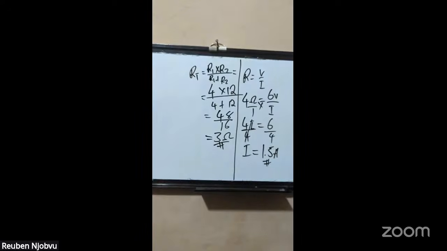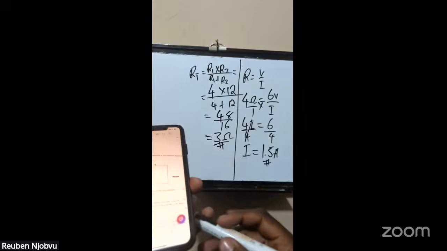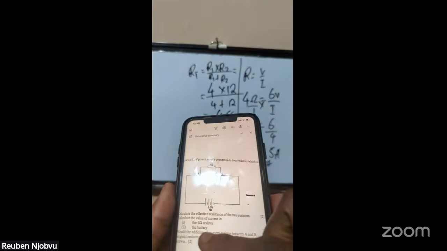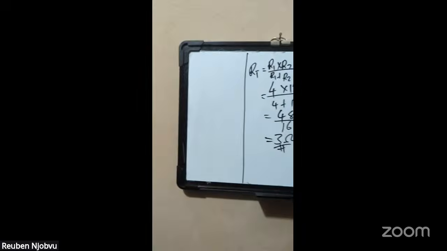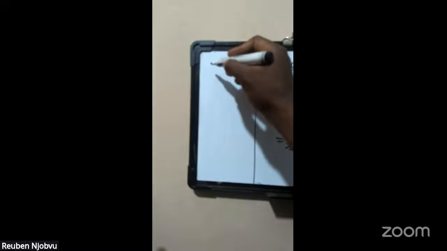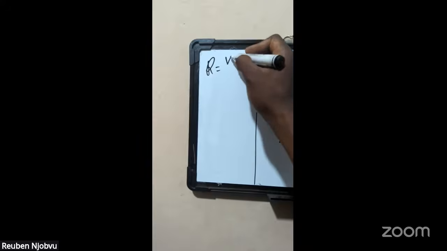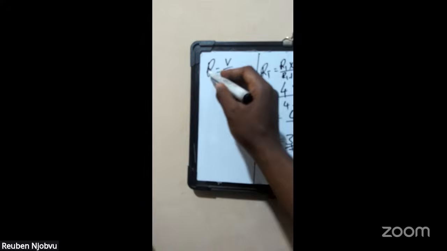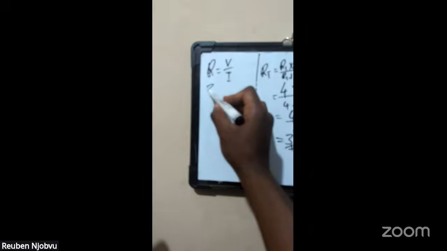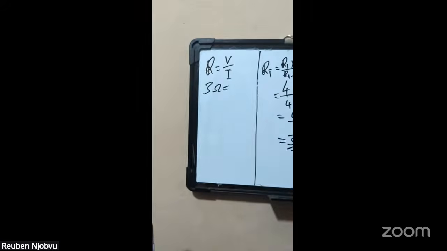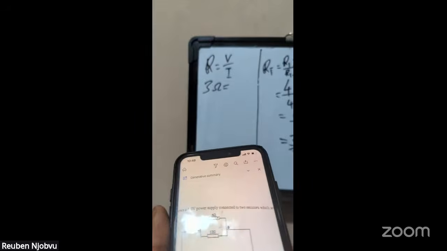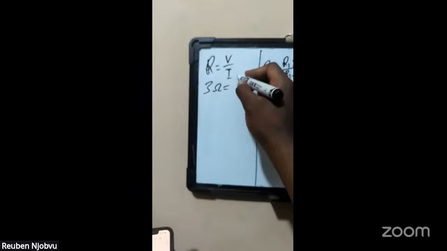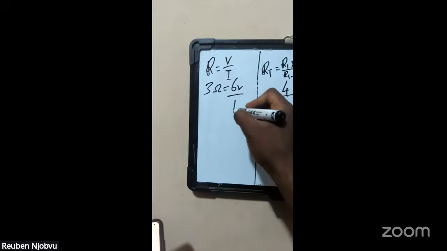Okay. Then the next one is saying you can find the current of the battery. You use this formula. Total resistance is equal to total voltage over total current. Total resistance, the one you found, 3 ohms. What was the total voltage? 6 volts. Then what's the current? We don't know.